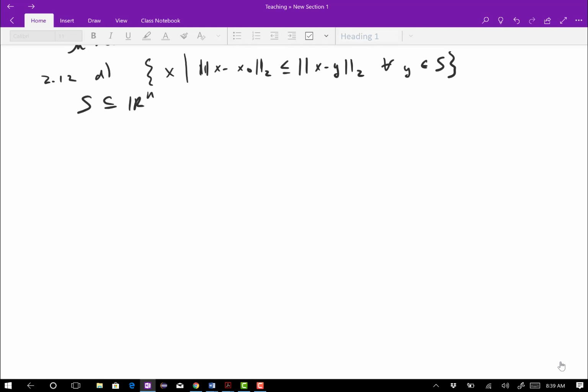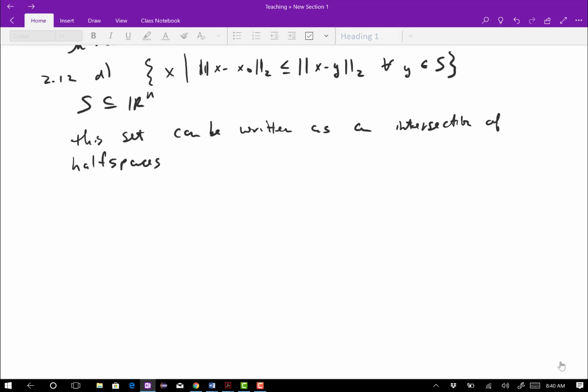So we would do that like this. This set that is described here can be written as an intersection of half spaces, and therefore it's going to be convex.